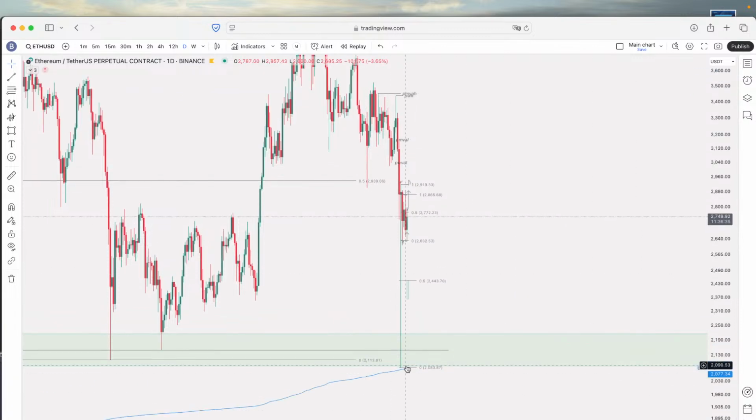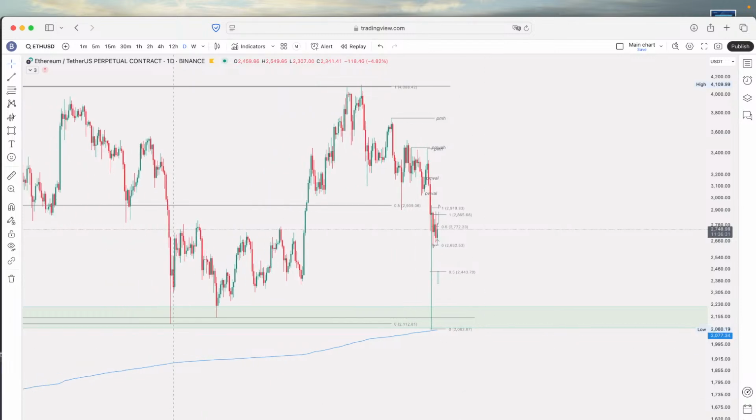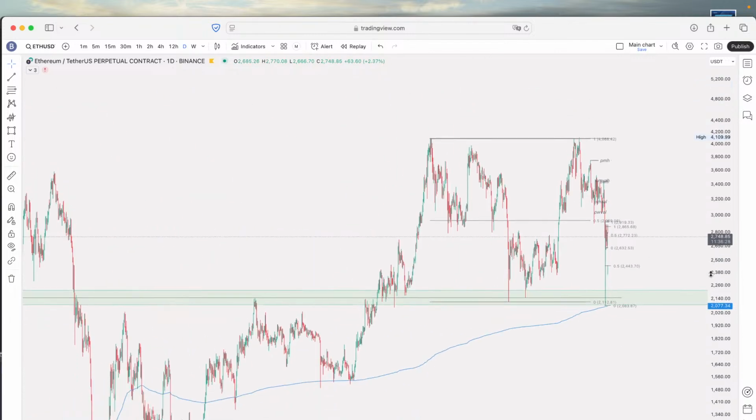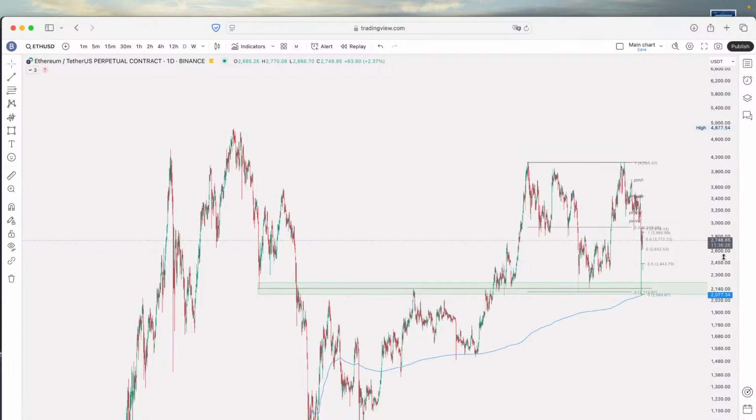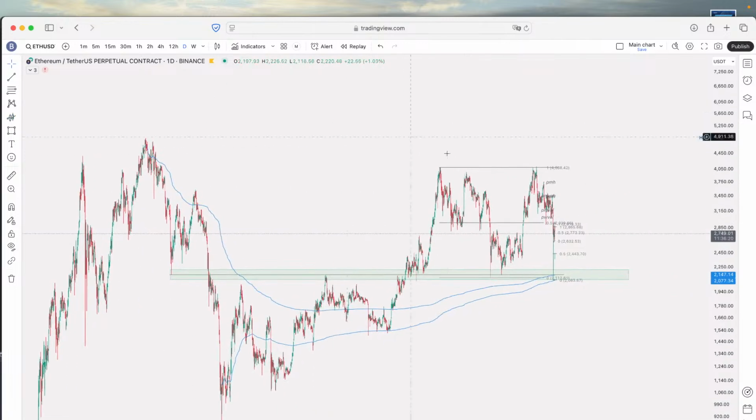It aligns with the price drop, almost, with a few dollars miss. But if I draw from the all-time high here, you can see that this is our major support level.